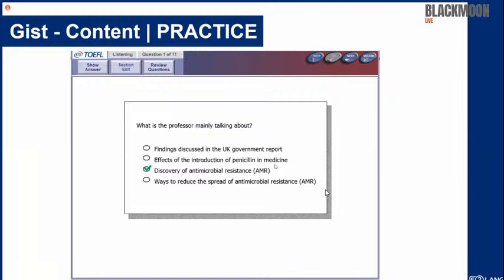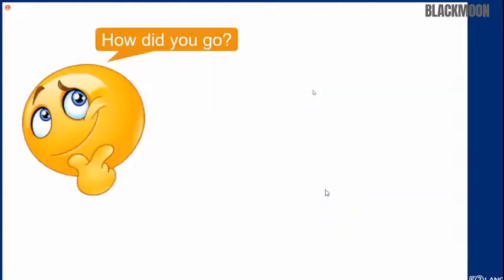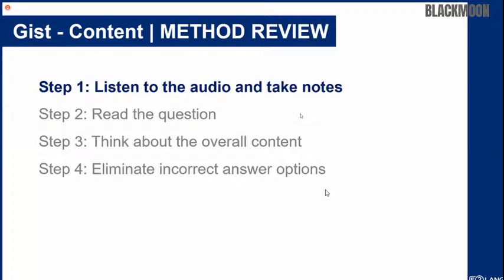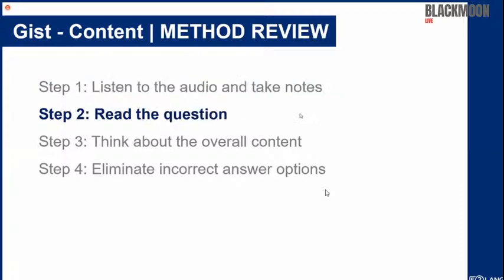Natalia as well. Hatham. Well done. Okay. So let's quickly review the method before I show you the next one. Remember to summarize first. So first you want to listen to the audio and take notes. Then you want to read the questions, ignore the answer options for now.